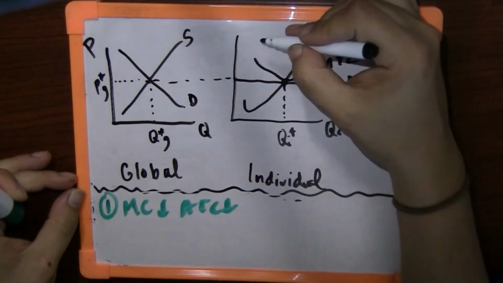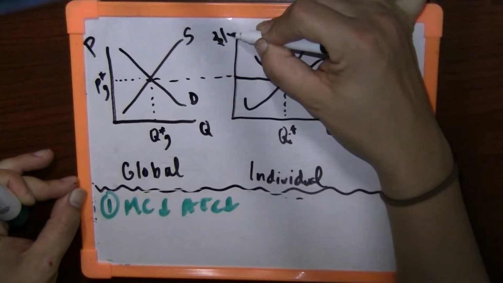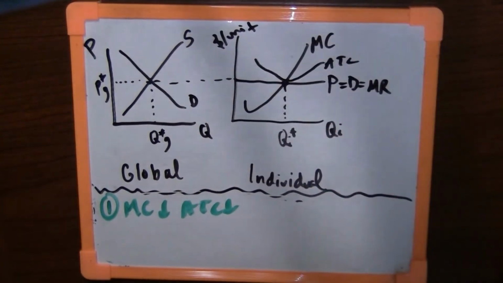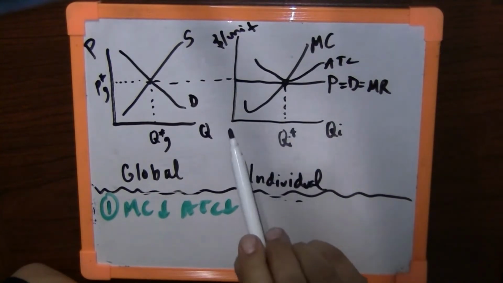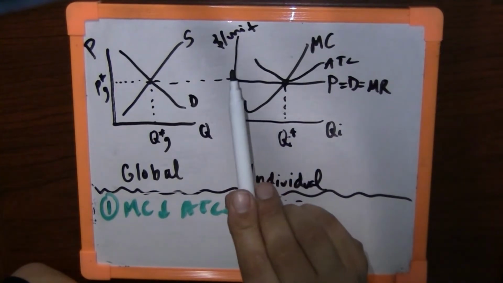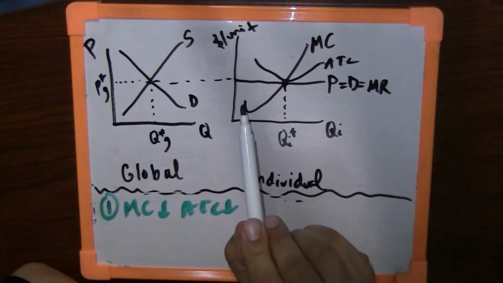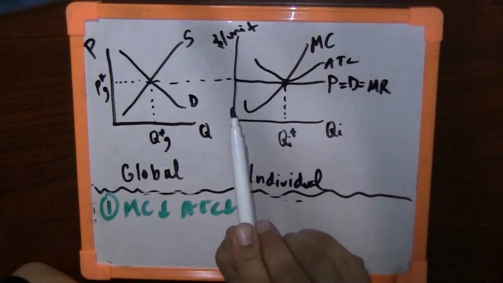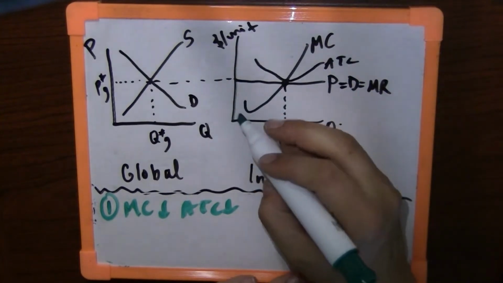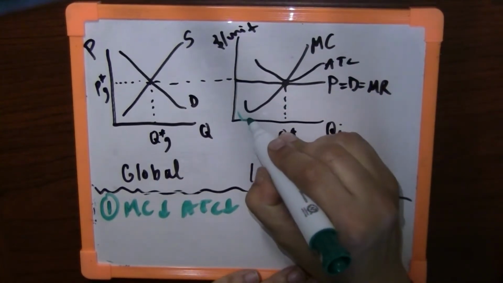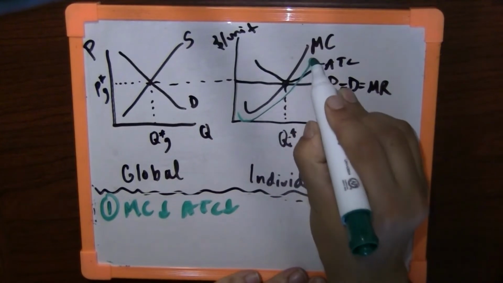Because remember, I forgot to label it, but we are drawing in dollars per unit space. We're thinking at each quantity that Gusty produces, what are his dollars per unit? And if he invents a new net, his marginal cost at every quantity is going to be lower. That means it is vertically shifted down. So just draw like a parallel shift in marginal cost.